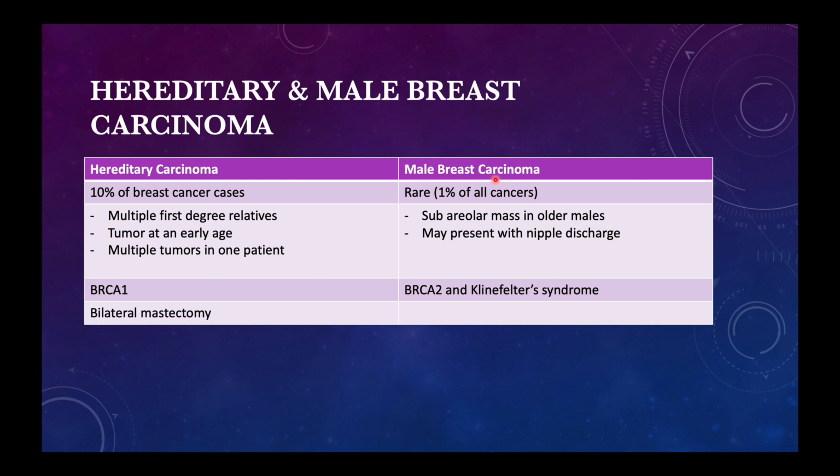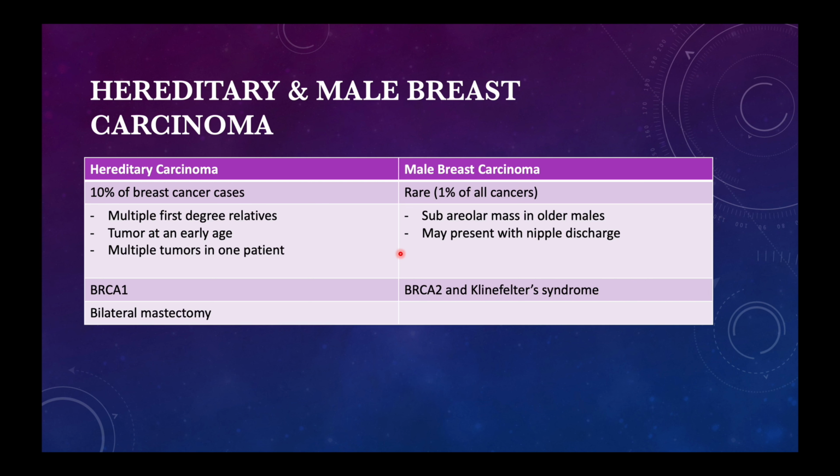Then we have male breast carcinoma. Male breast carcinoma is so rare, like literally 1% of all cancers. Super, super rare. And they typically present as subareolar masses in older males. And they can present with nipple discharge. So a man comes in and he's like, I got a discharge coming from my nipples and I feel like I'm growing breasts.